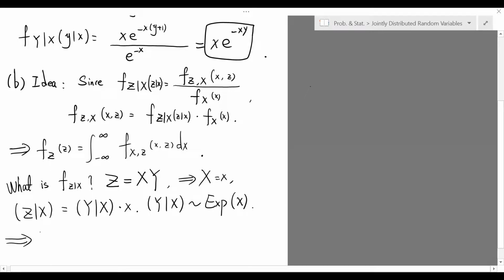Consequently, the random variable z given x, being a multiple of an exponential random variable, is just another exponential random variable whose parameter is given by the original parameter x divided by the multiple, which happens to be x as well. In other words, this random variable is an exponential random variable of parameter 1.